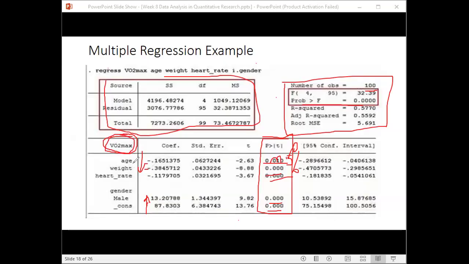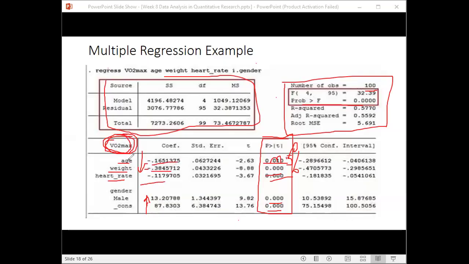Okay. So one last thing to talk about here. Now, if the variable is quantitative, age, weight, heart rate, these are all measured quantitatively. So then you interpret it like I've already interpreted for you, right? If it increases by 1 unit, it affects this one here by the coefficient that you see.